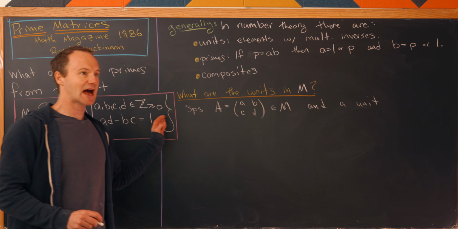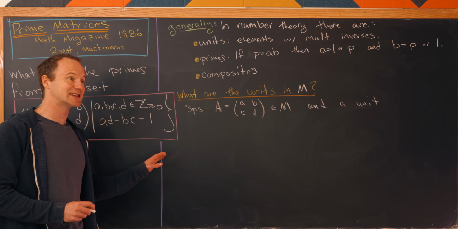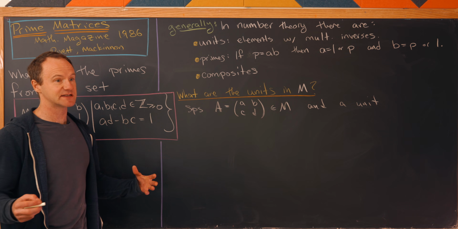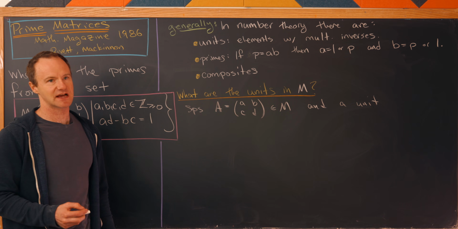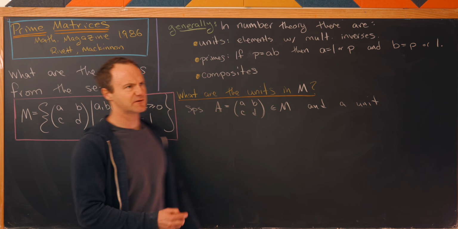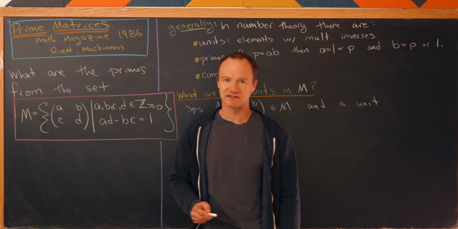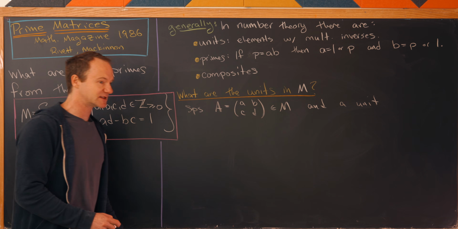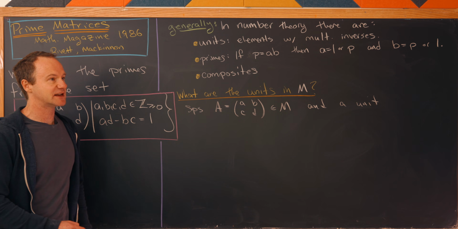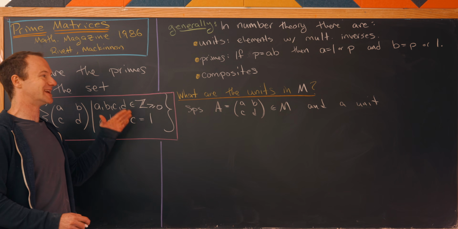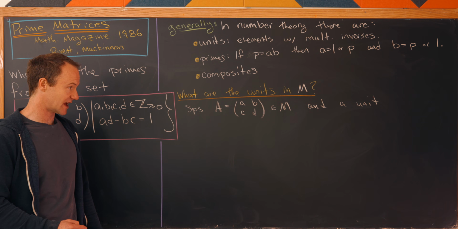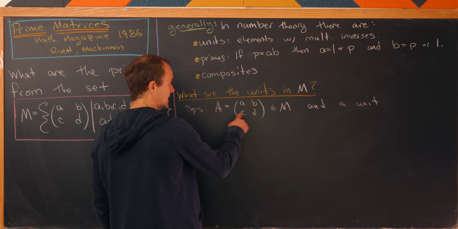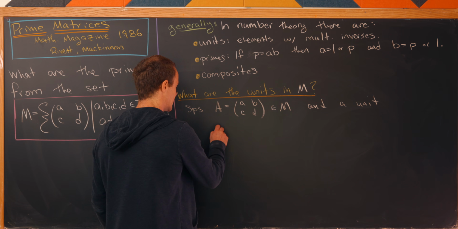So that means it has a multiplicative inverse inside of M. Now, of course, if we extend the set we're looking at, lots of things have multiplicative inverses. In fact, everything inside of M has a multiplicative inverse because it has non-zero determinant. That being said, we want to look at things that have inverses which are inside of this set. Okay, so that means that the inverse of this must be inside of M.